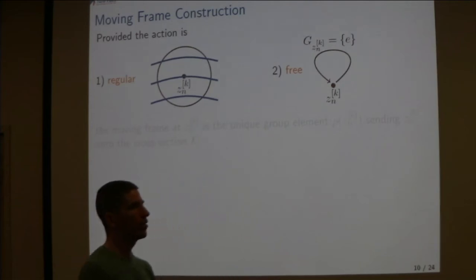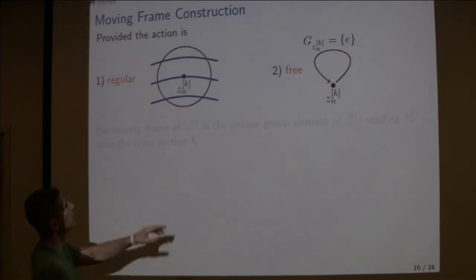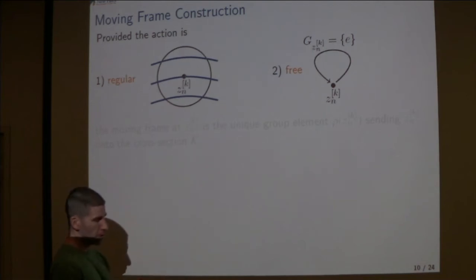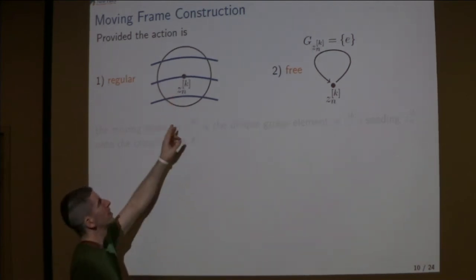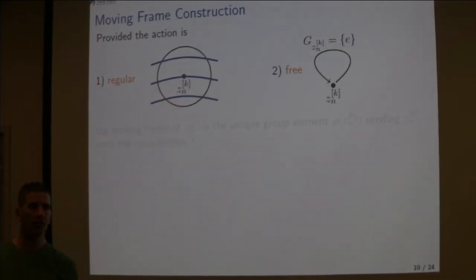Then we can construct a moving frame provided we make two assumptions on the group action. It needs to be regular and free. What do we mean by regular action? If you choose a point inside your discrete jet space, you will always be able to find a small neighborhood such that the intersection of the orbits with that neighborhood gives you a connected subset.